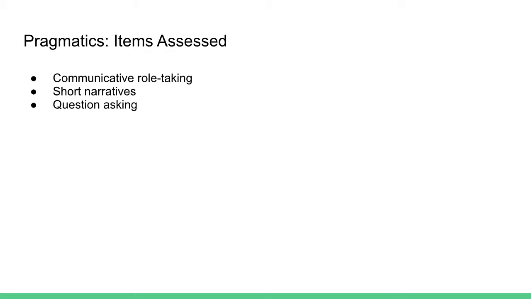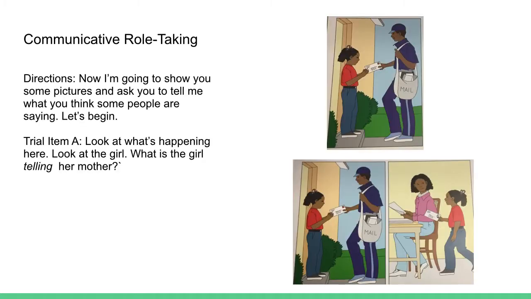The pragmatics domain assesses communicative role-taking, short narratives, and question asking. The communicative role-taking section of test items is designed to assess a child's understanding of what they should say in a particular communicative situation and what speech act is needed.